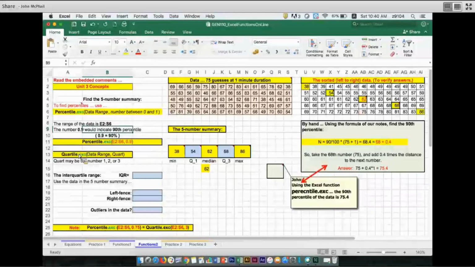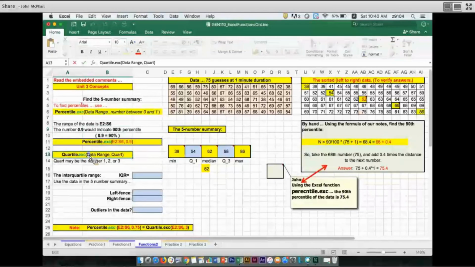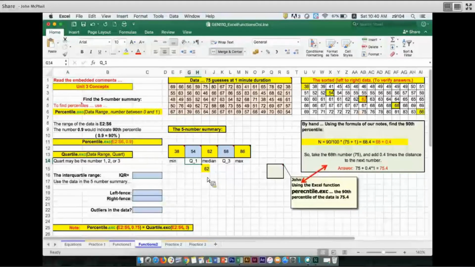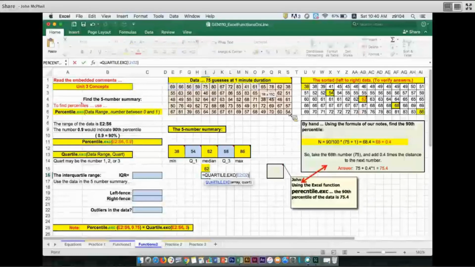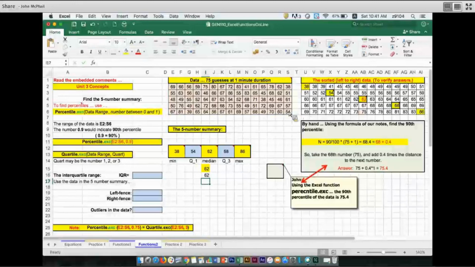The quartile function requires similarly the data range and some additional information to indicate which quartile we wish. Typically, that is either 1 or 3, but we could use the number 2. If we see what happens if we use the number 2, select the data, comma 2, what did we get? The median once again. The second quartile, 2 quarters, is the same as 1/2 or 50%.